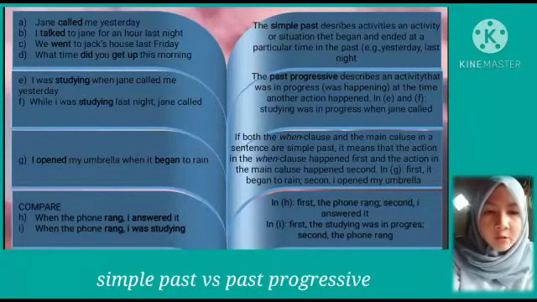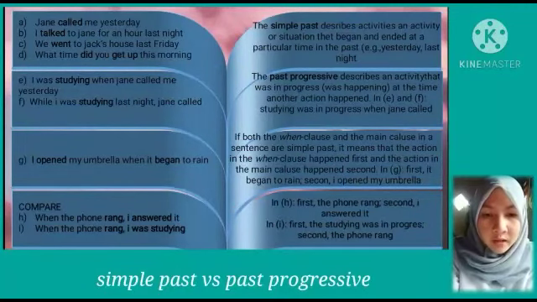G. I opened my umbrella when it began to rain. Both the when clause and the main clause are simple past. That means that the action in the when clause happened first, and the action in the main clause happened second. In G, first it began to rain, second I opened my umbrella.